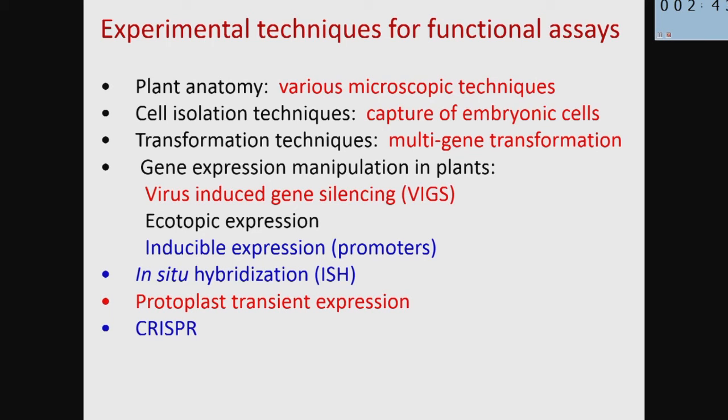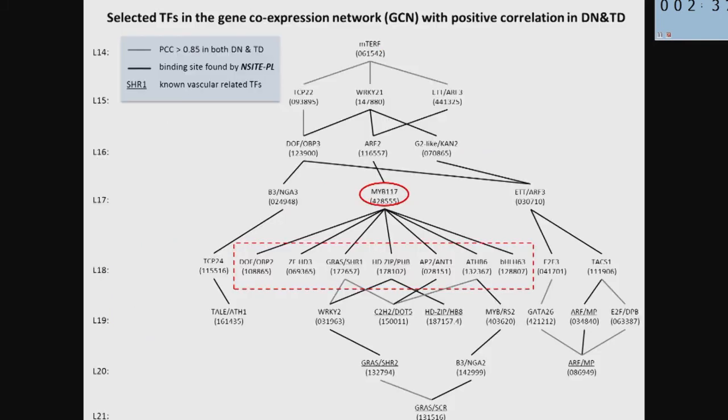And here are the various methods we are trying, okay? Here, for example, we have this MIP117, and according to our prediction it controls 7 very important transcription factors.